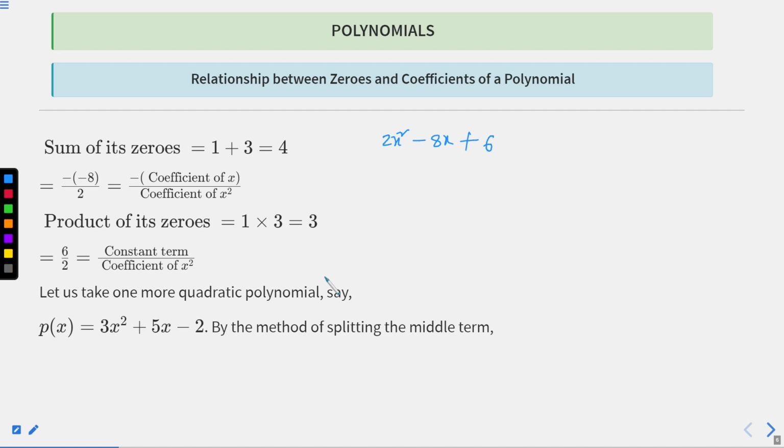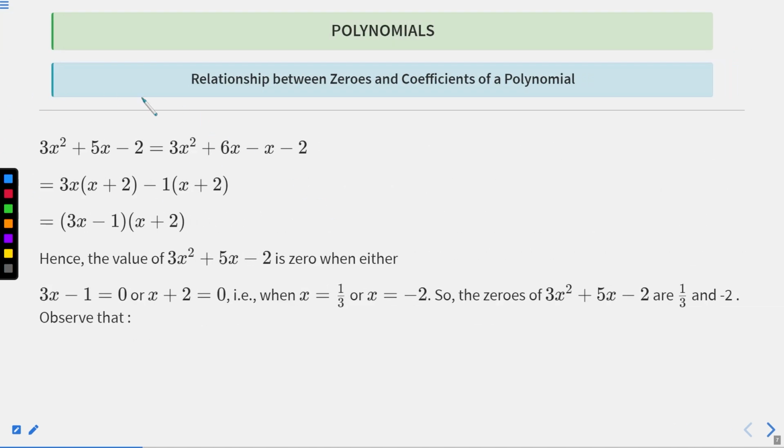Now let us take one more quadratic polynomial, say p of x equal to 3x square plus 5x minus 2. By the method of splitting the middle term, we will factorize this quadratic polynomial into two linear factors. We can write the middle term 5x as plus 6x minus x, since 6x times minus x is minus 6x square, which is the product of 3x square times minus 2.